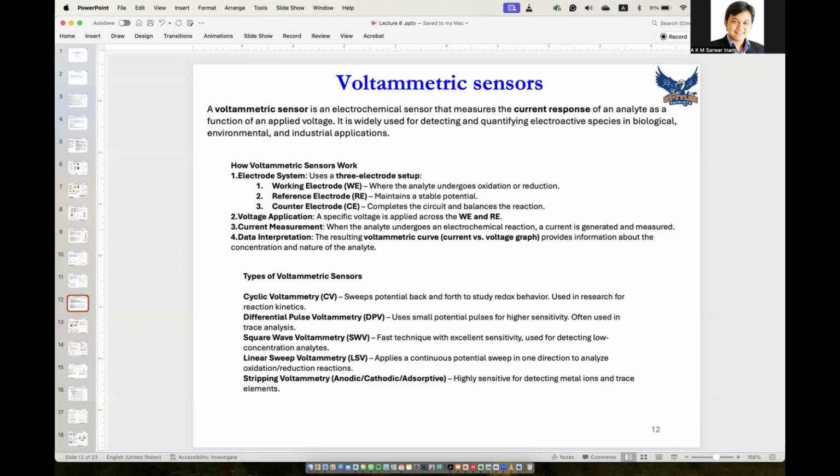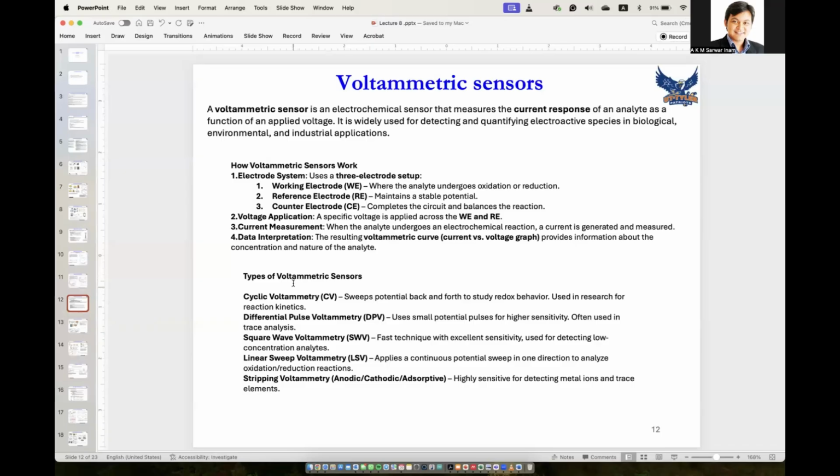Another common one is square wave voltammetry. So how does square wave voltammetry work? A square wave potential pulse is superimposed on a linearly increasing staircase potential while measuring the resulting current. The current is measured twice per cycle here, once at the forward pulse and once at the reverse pulse, and the difference is recorded.